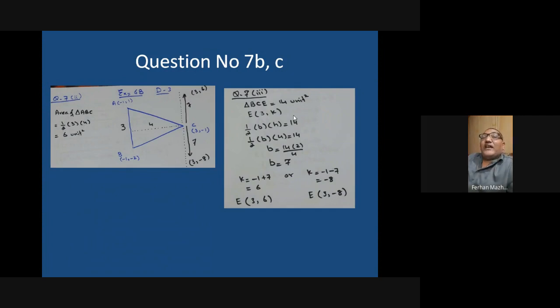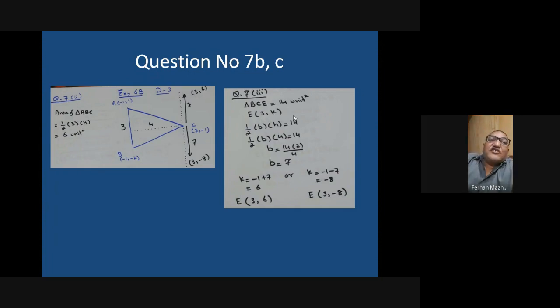So the E point is either 7 steps above the C on that dotted line, or 7 steps below the point C on that dotted line, because the base value came out to be 7. So the y of the point E, which is represented with the k here, will be as follows.